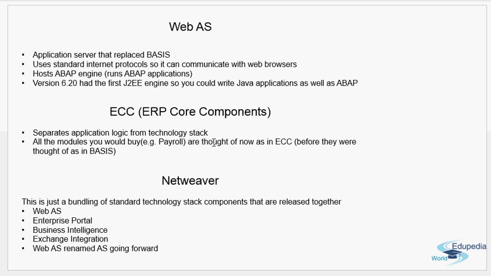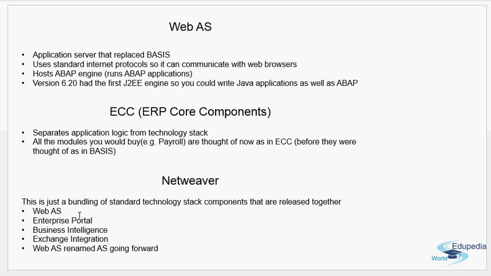For finance we have the FICO module. For materials and everything, we have MM. So all these modules are now separated from the technology stack, that is the basis stack, and all these modules together with the technology stack are known as ECC.